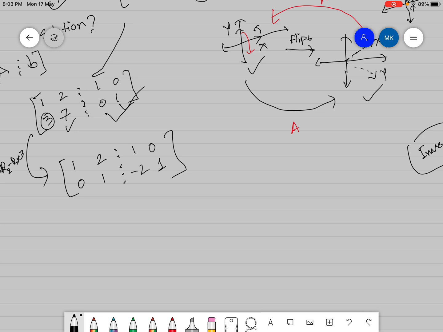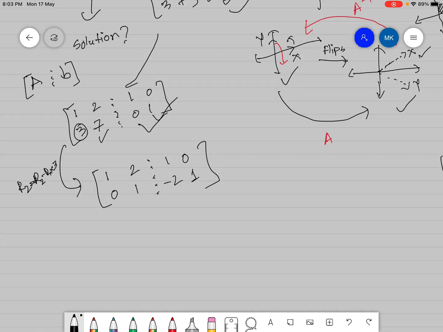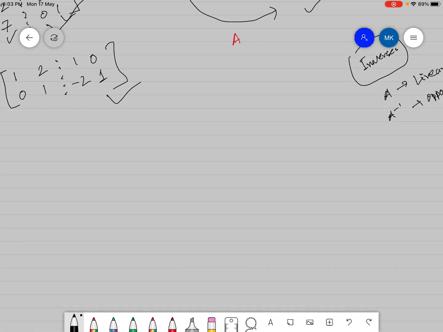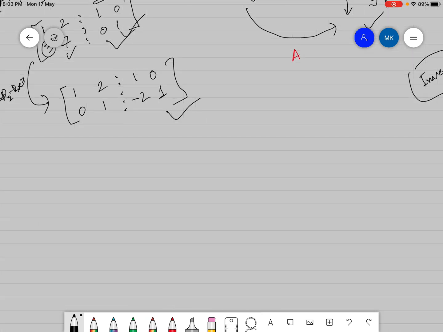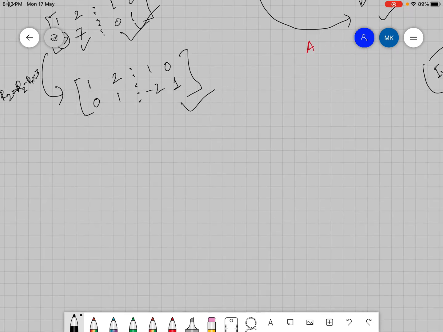Now as you can see, we have this augmented matrix. Now for getting the A inverse, you have to do the upward elimination. So this is one extra step.